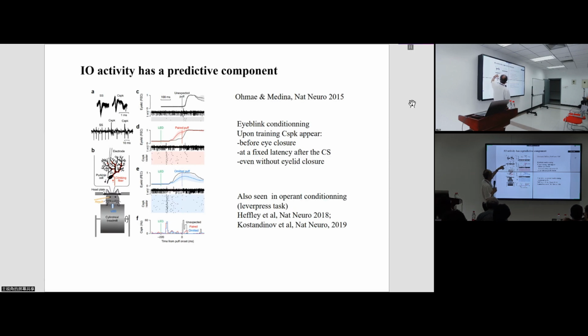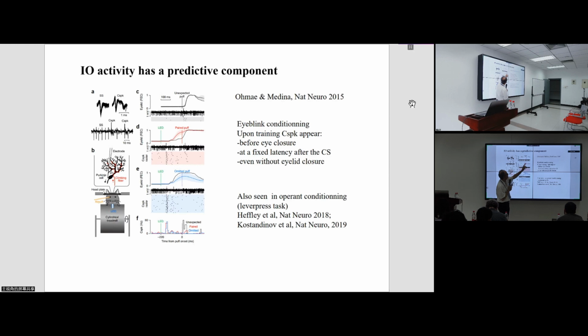This is eyelid conditioning, data from Javier Medina's lab. You remember in eyelid conditioning, you have some signal and then a puff of air. This is eyelid closure: before conditioning, you close your eyelid after the puff. After conditioning, you close your eyelid before the puff, but what is seen is actually in the complex.